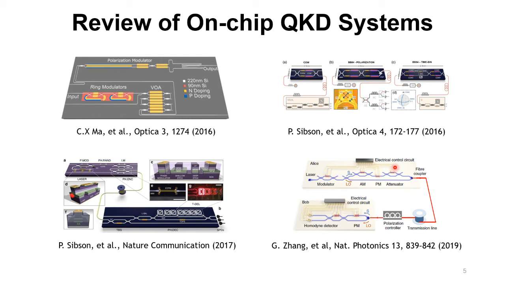Other than DV-QKD systems, attempts to achieve integrated CV-QKD systems have also been made. In 2019, our group demonstrated a silicon photonic chip platform for CV-QKD. The proof of principle experiment indicates the system was able to produce positive key rate over 100 kilometers.